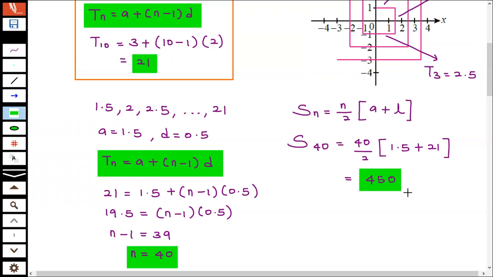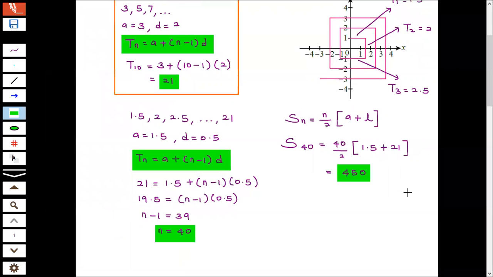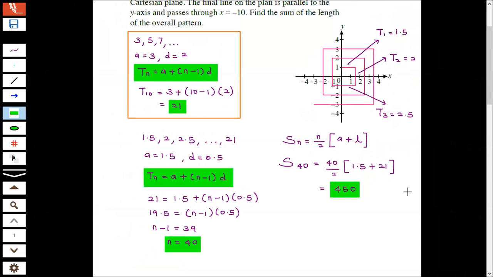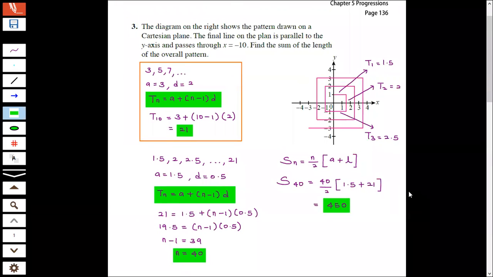So let me give you the overall view of this question. Let me explain one more time, a recap. First, I get the length of the last line, the last line they predicted, using the simple progression method.